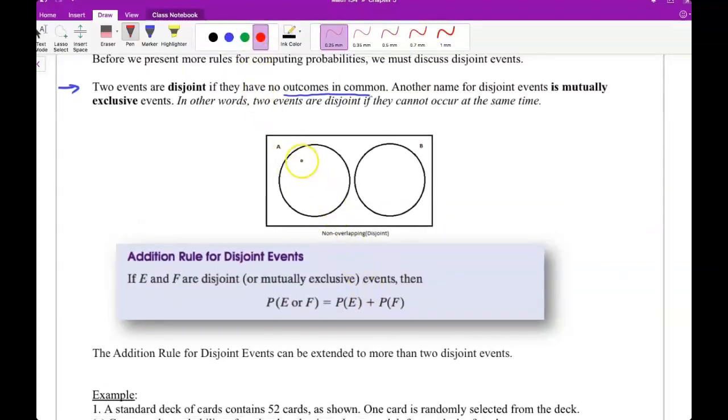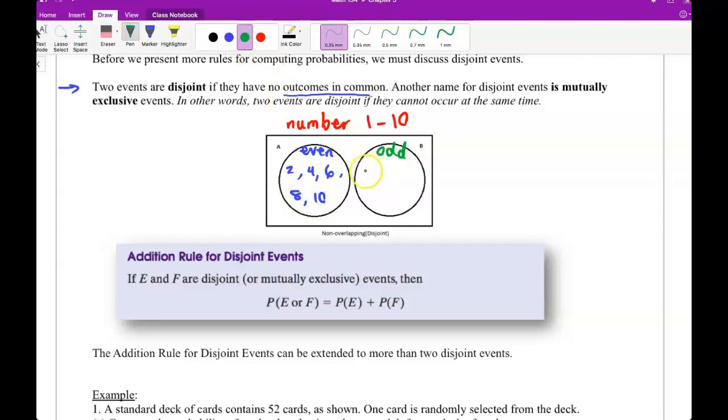For example, here I want to have a sample space with numbers from 1 to 10. Let's use that. Then for this event, I'm going to use even numbers, and here odd. So for even, using this sample space of 1 to 10, we have 2, 4, 6, 8, 10.